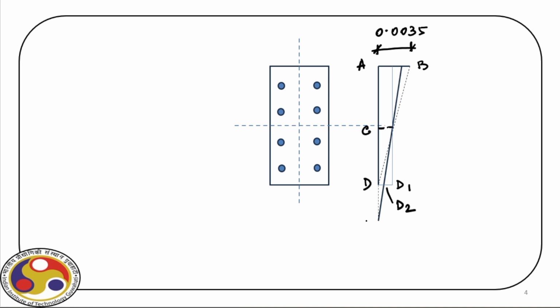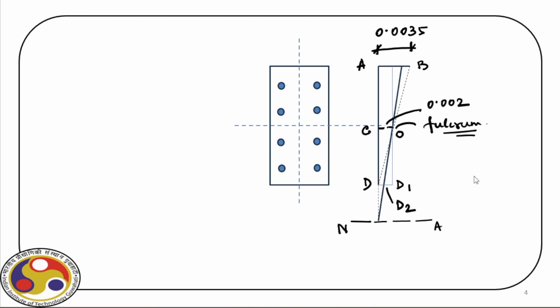Sorry, the neutral axis is actually here. Okay. So this is the location of the neutral axis, and this is actually the fulcrum point. Now, say this is O. So CO is 0.002.